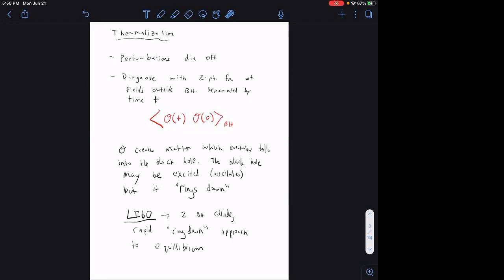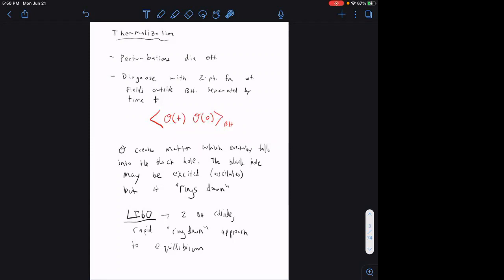Along the way, it might excite the black hole, and the black hole might oscillate, but these oscillations will ring down and die off, and the black hole will return to equilibrium. The particle will be inside the black hole. And some long time t later, you try to measure O again, and there's no sign that you had thrown in the particle far in the past. So this is perturbing the black hole, and it eventually returns to equilibrium.